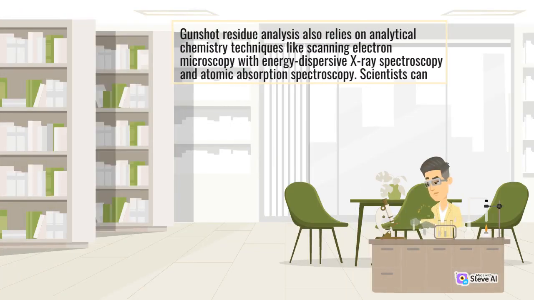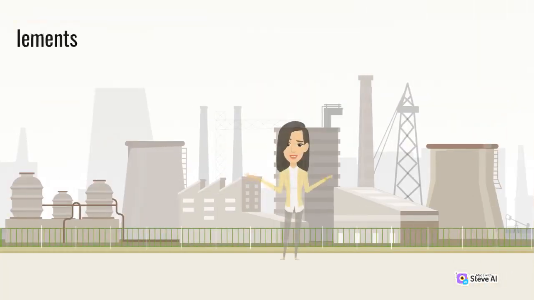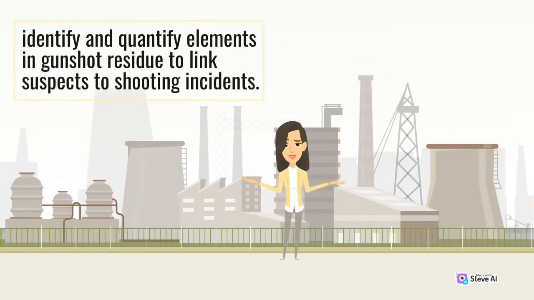Gunshot residue analysis also relies on analytical chemistry techniques like scanning electron microscopy with energy dispersive X-ray spectroscopy and atomic absorption spectroscopy. Scientists can identify and quantify elements in gunshot residue to link suspects to shooting incidents.